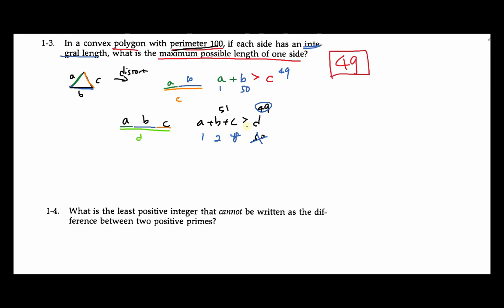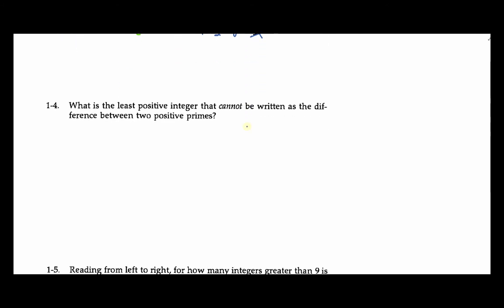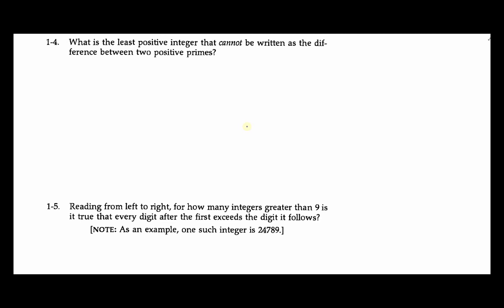Okay, moving on. Number 4, what's the least positive integer that cannot be written as the difference between two positive primes? Now the strategy to solve this kind of problem is, try. Okay, at least a few prime numbers from your memory.